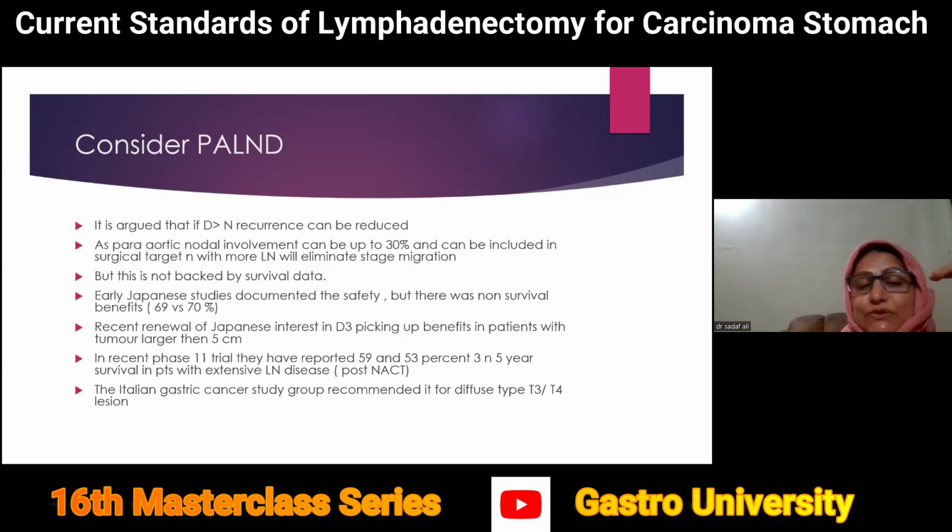There's a recent phase 2 trial wherein they have reported that with inclusion of the periaortic lymph node, the survival is quite good, 59% at 3 years and 53% at 5 years. So usually what we see, the trend of survival is that a good gastrectomy actually shows the survival benefit at longer term.